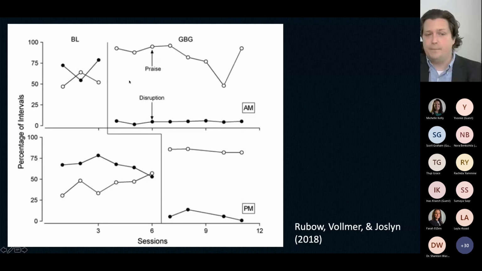And the interesting piece of research for this study is that the teacher praise increased quite a bit in both of these classrooms, where that is not a programmed part of the good behavior game. There's nothing in the good behavior game that instructs or requires teachers to deliver more praise. So this is just a side effect, a bonus effect, if you will, of the game.